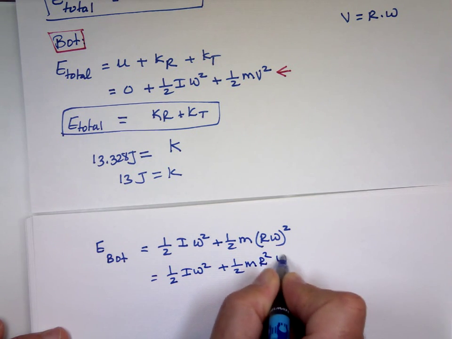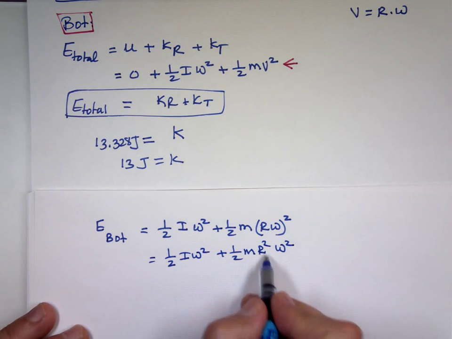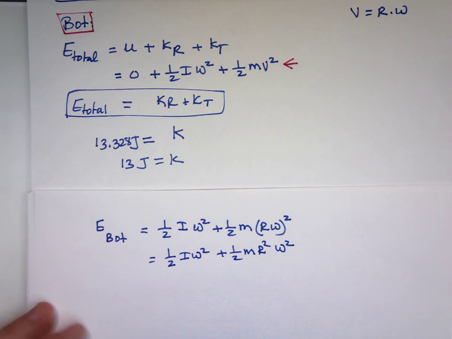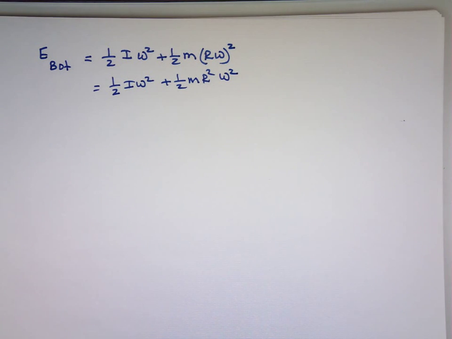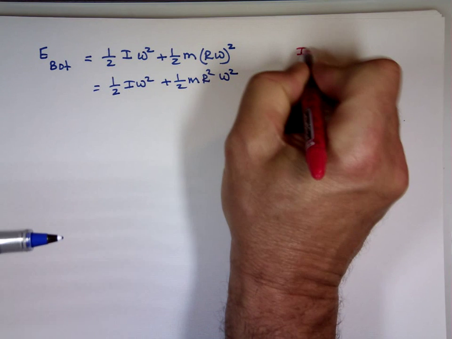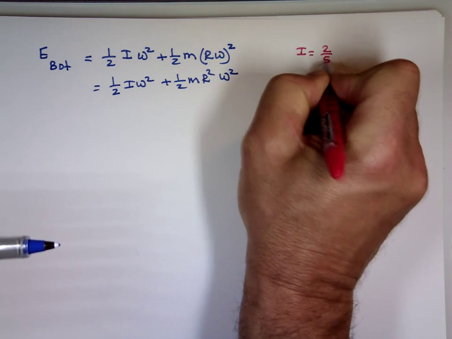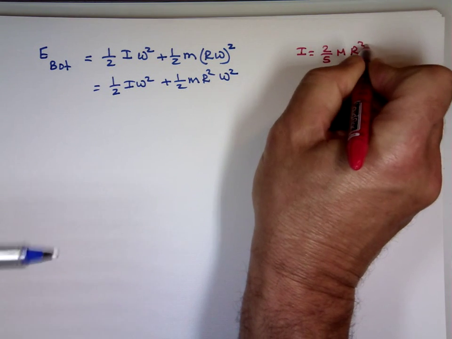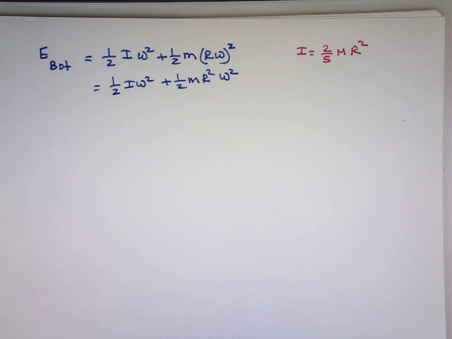And I know R, I know M, except I don't know what I is. For a sphere, what was I? For a sphere, it's 2/5 mr squared. So let's calculate what I is.